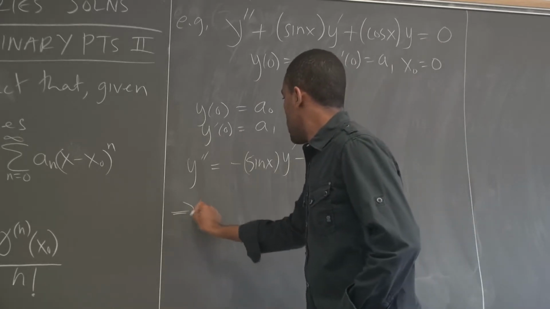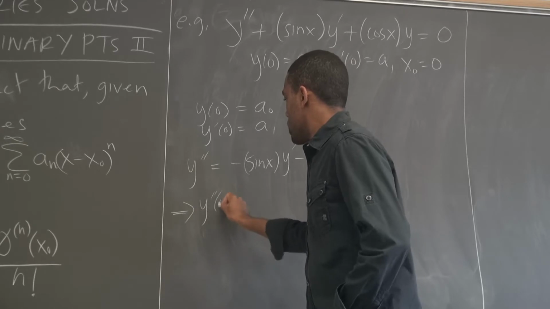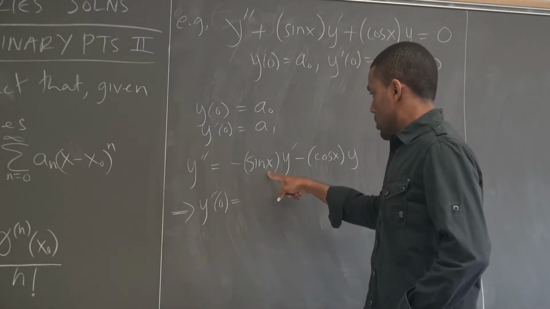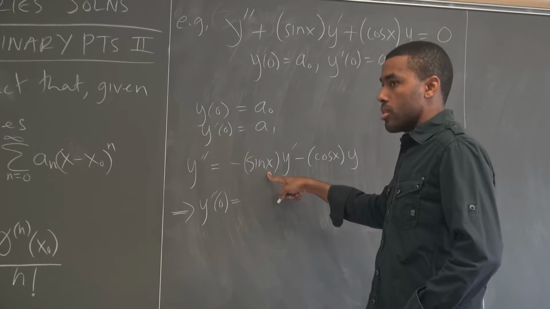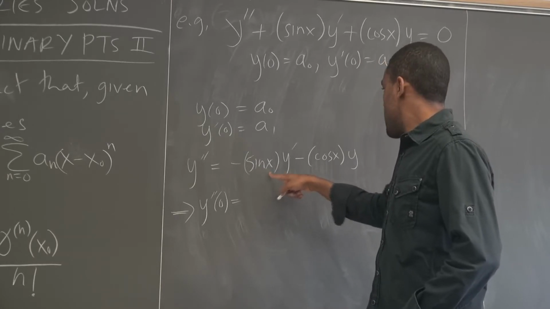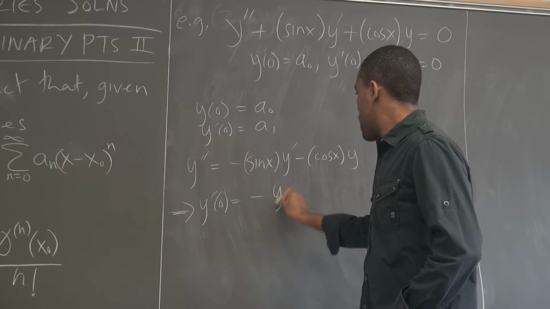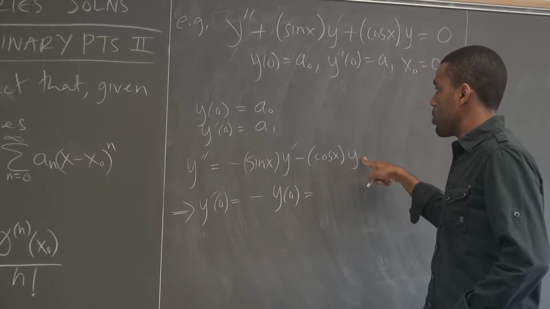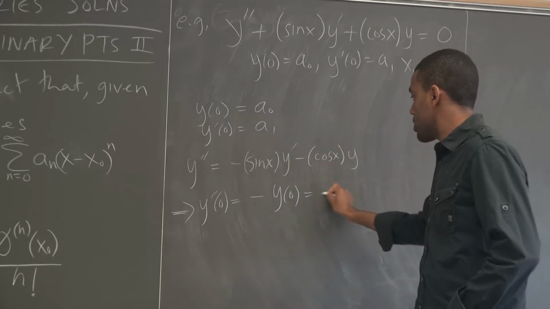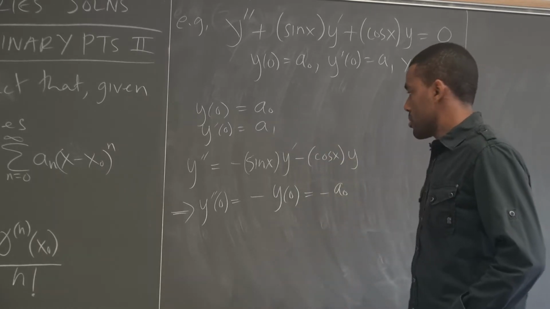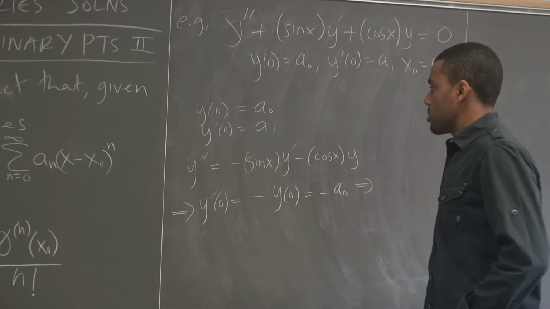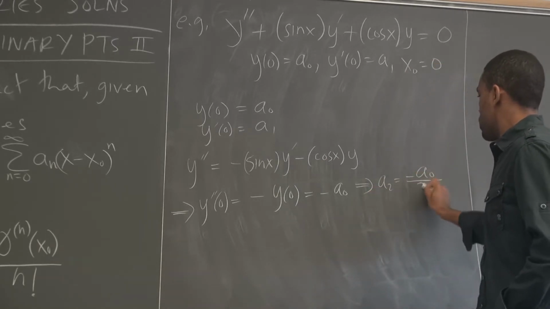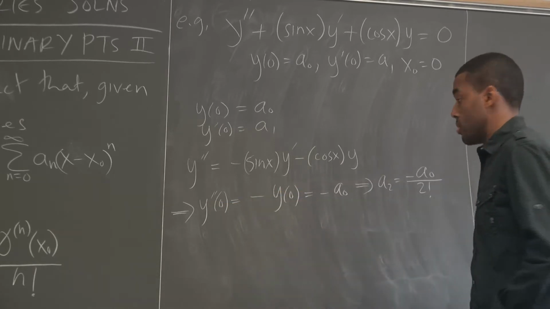Then y double prime of 0 is, I can just plug in 0 here, so that would die. This would be minus y of 0, just by plugging in, since cosine of 0 is 1. Y of 0 I know is a0. This means the second term is just this over 2 factorial by that formula.